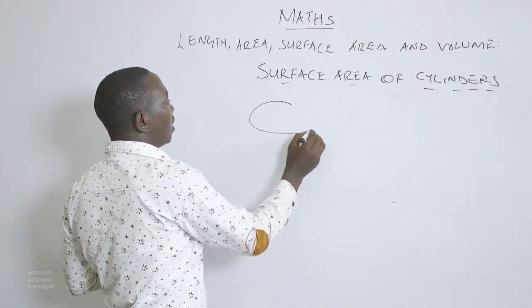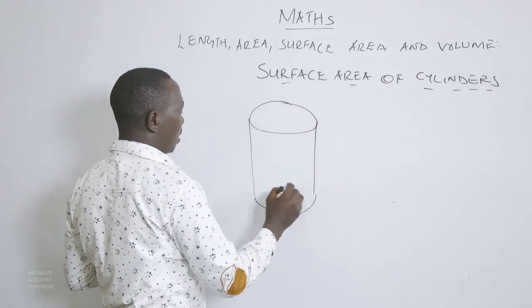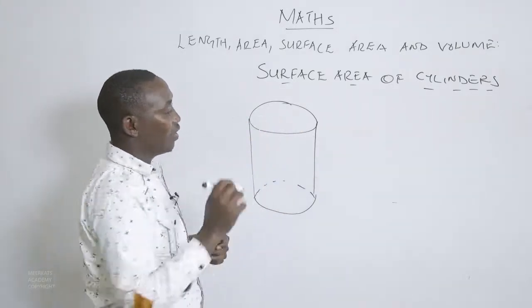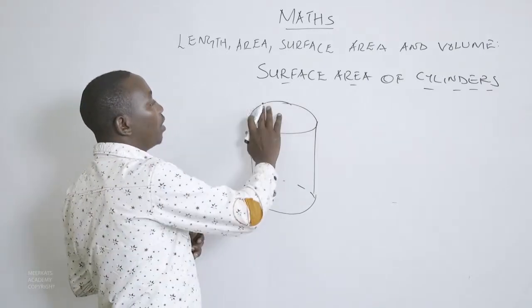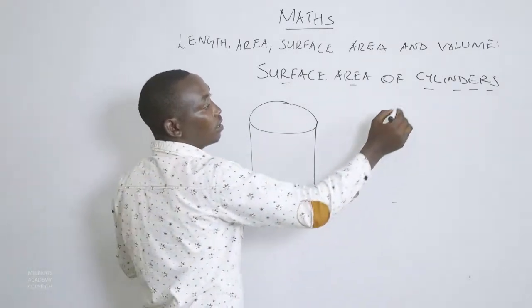So if this is our cylinder, we can extract the top and the bottom circles.